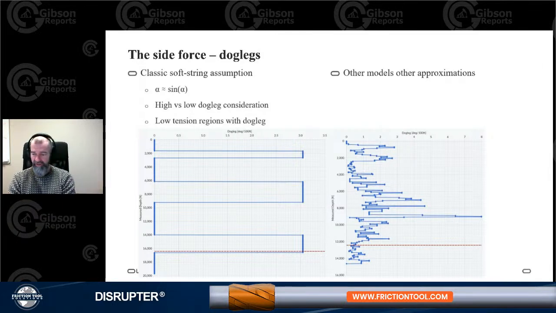But then if you look on the right-hand side, this is a proper measured well. Even though this obviously at some point was a parametric well, once it was drilled, it's always impossible to replicate what you do in software or in a planning phase. And we can see here that the doglegs are jumping back and forth.